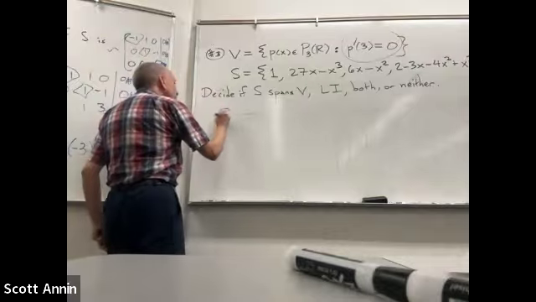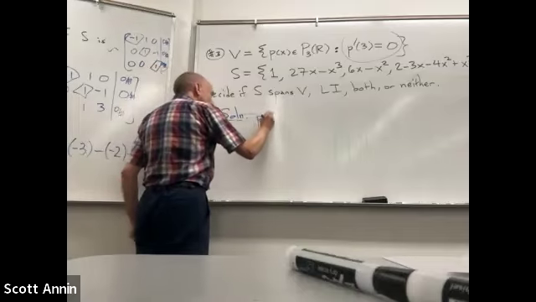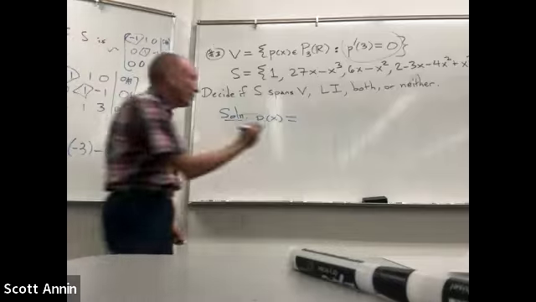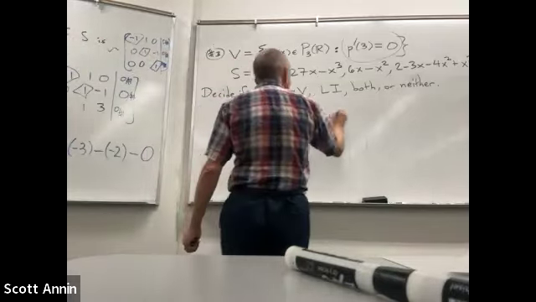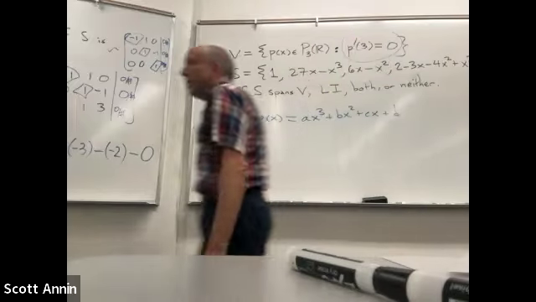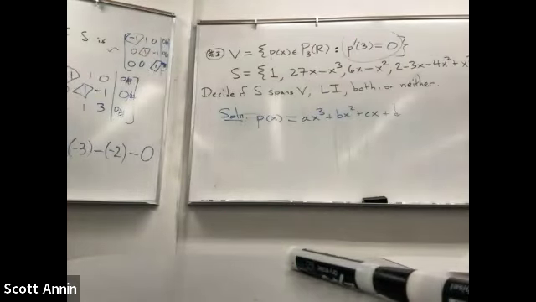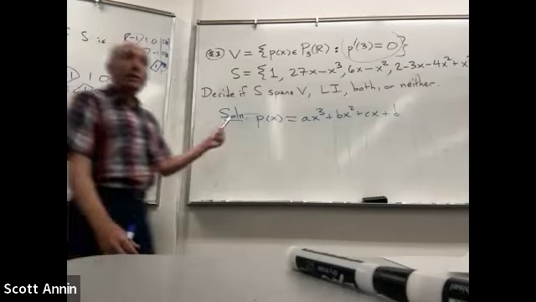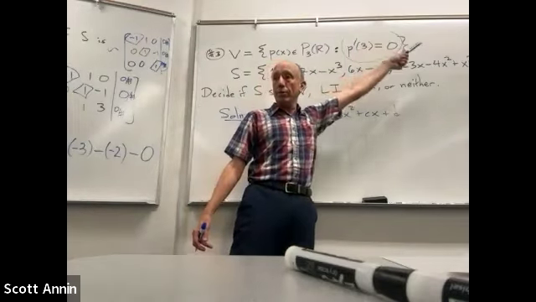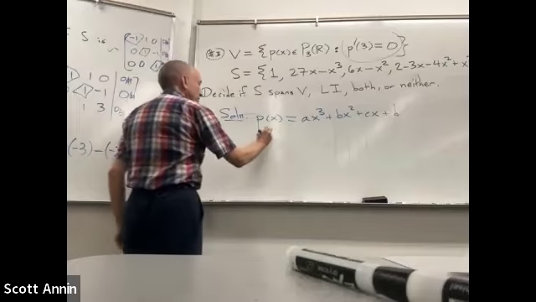So for the solution, what we need to do is write down the form of a polynomial. You've already got this in your notes, guys, because I have done these before. You write down the form of your p of x, take the derivative of this, then plug in 3 and set it equal to 0.